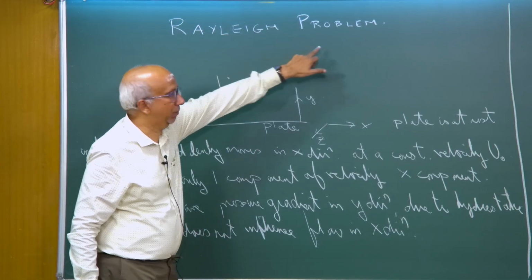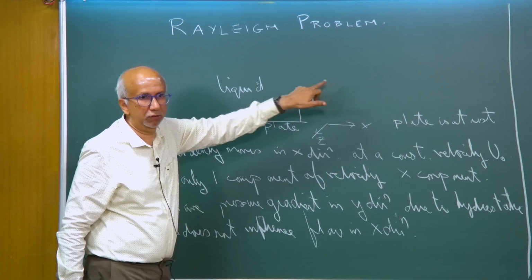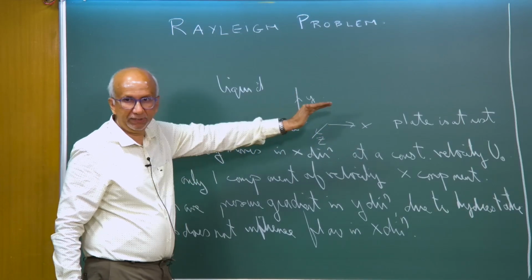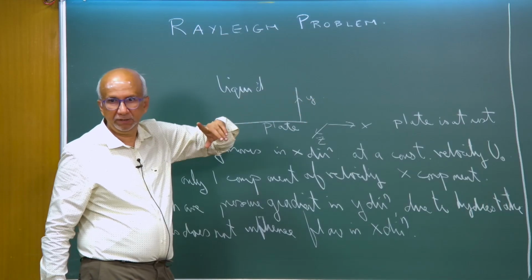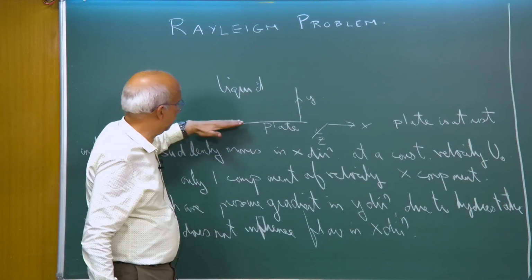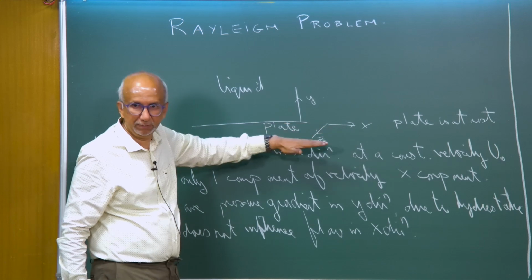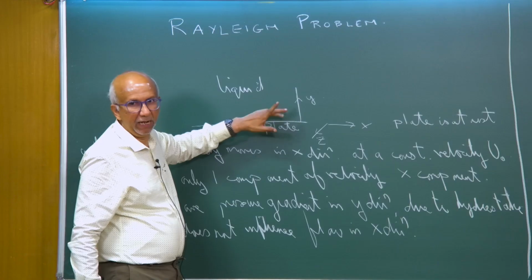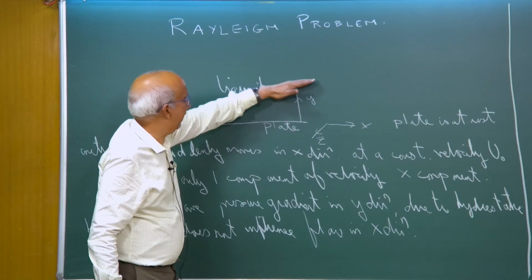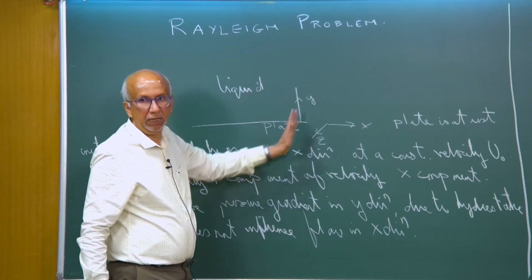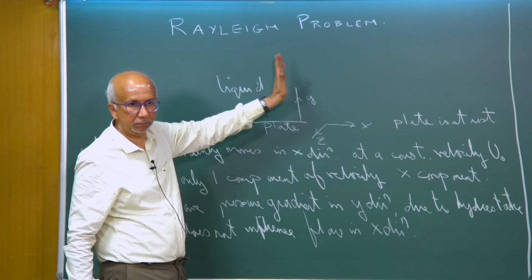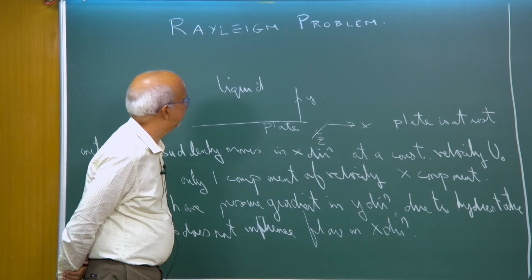But at this plane pressure is constant, at this plane pressure is constant, at this plane pressure is constant. So, at every plane there is no pressure difference. Only reason why the liquid is moving is because this plate is moving. This plate is moving, it drags this liquid after let us say in 1 second. After 1 minute, this liquid will drag the other liquid on top. So, the velocity is going to propagate, the momentum is going to propagate. Okay? So, that is the idea.